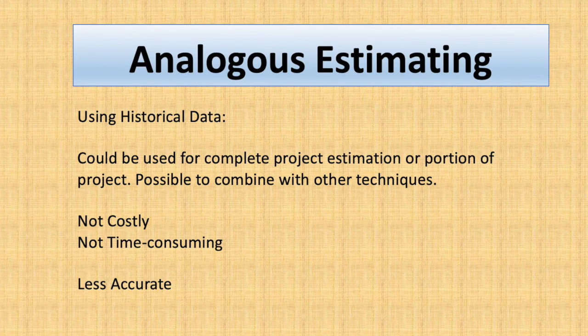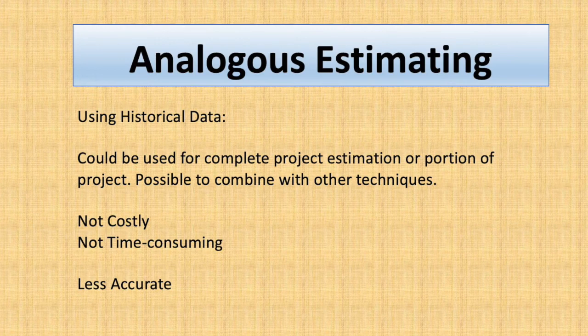Analogous estimating is basically we estimate an activity using historical data. This process is not very costly and not time consuming, but it is also less accurate. We can use this technique for all the activities, or for some activities, and we can use other processes for other activities.